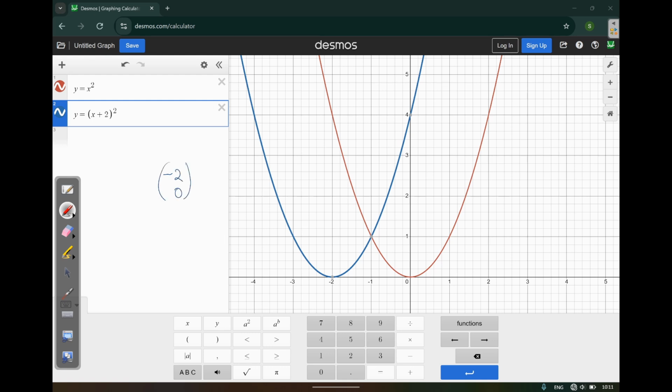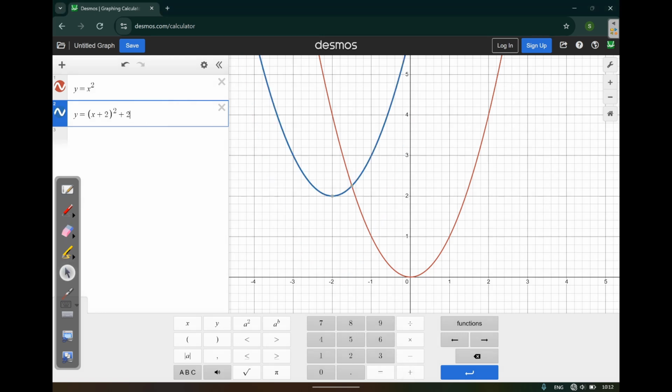Nothing moved in the y, so that's why we put a 0 there. Now, suppose on this one I put maybe plus 2. It moves up. So that is the movement in the y. The translation now here will be minus 2 on the x, and on the y it is moving 2, like that.